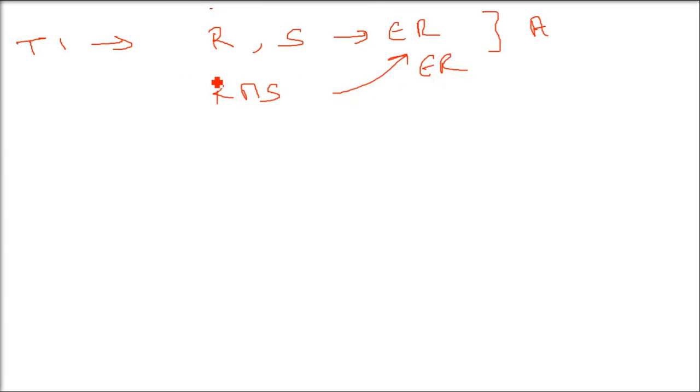R is separately by itself an equivalence relation, and S is individually an equivalence relation. So when we take the intersection of these two, this intersection has to be an equivalence relation.